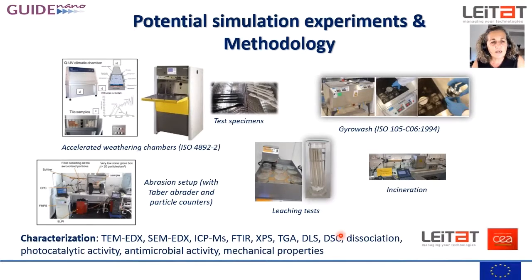Some of the instruments that we are using, instruments in which we follow standard procedures to determine what is the release form that gets emitted during the processes that take place during weathering, for example, during washing, during the use phase, these processes, abrasion processes, leaching and incineration that will simulate the end-of-life processes.